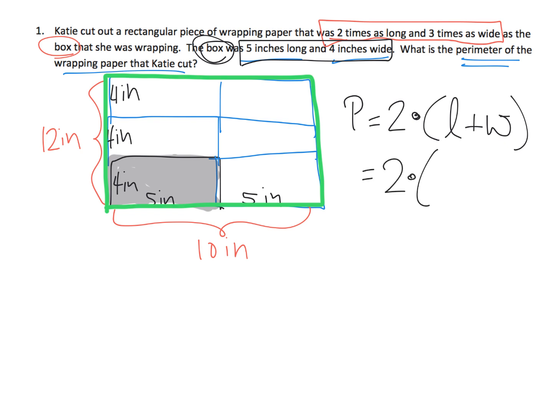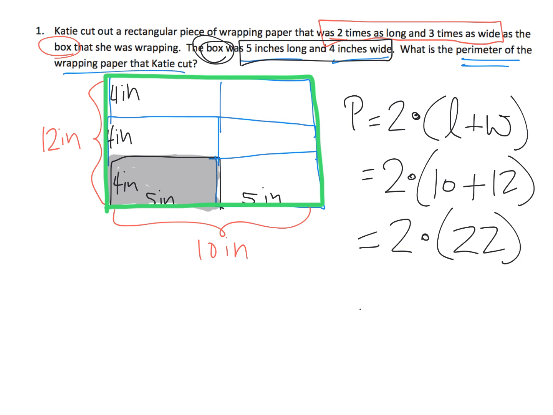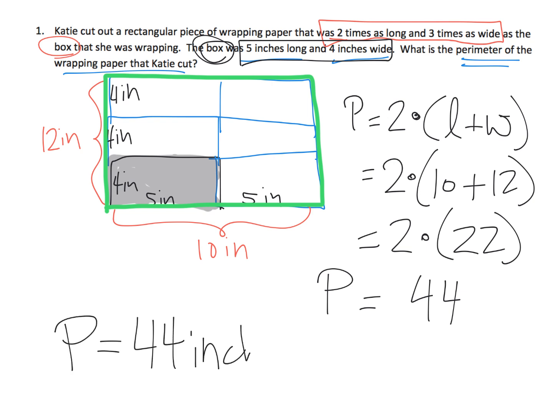Now the length is 10 and the width is 12. So it's going to be 10 plus 12, which is 2 times 22, which is 44. So the perimeter is 44 inches. And that is how much wrapping paper Katie will have to cut, the perimeter.